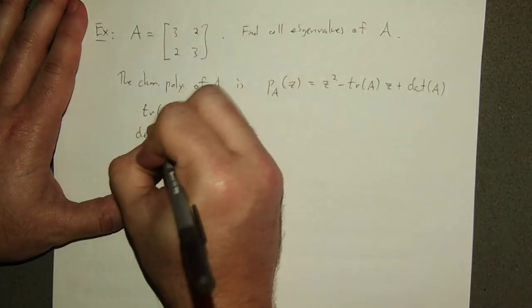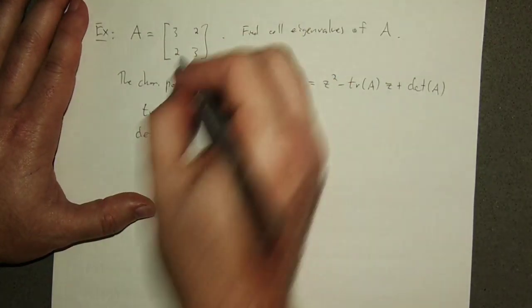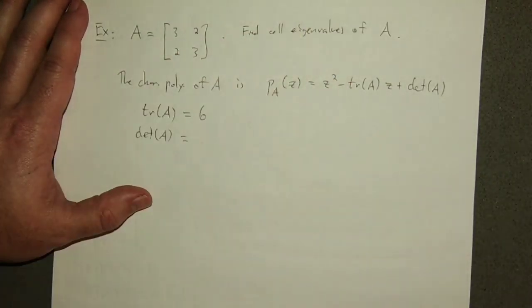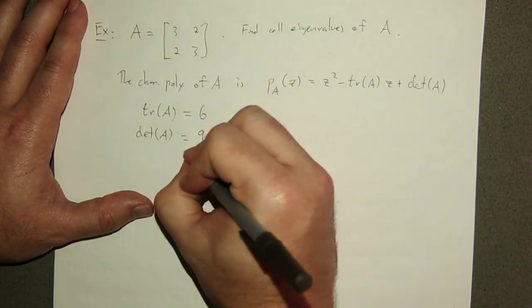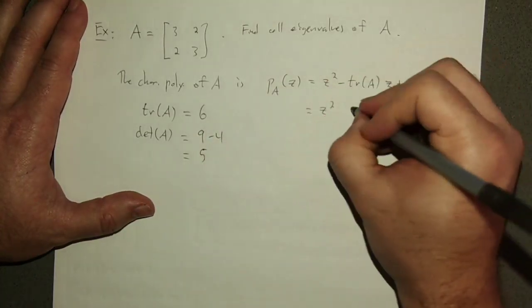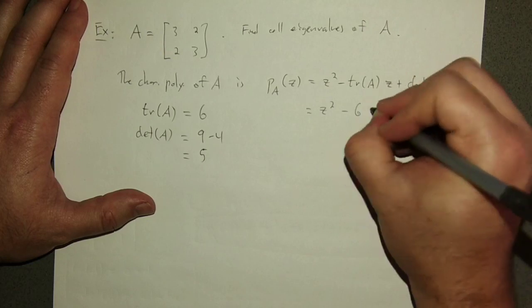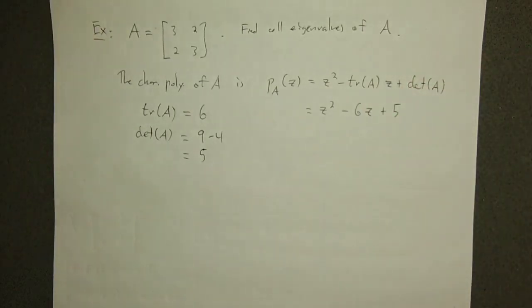And the determinant of A is 3 times 3, which is 9, minus 2 times 2, which is 4. So 9 minus 4 is 5. And so this is Z squared minus 6Z plus 5.